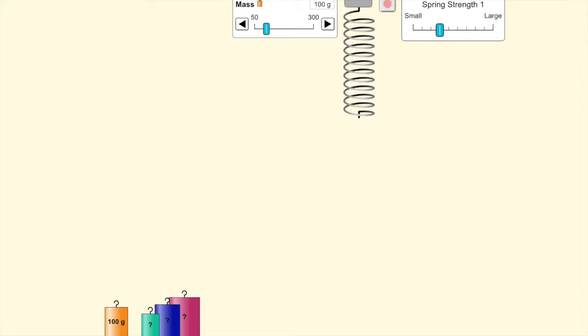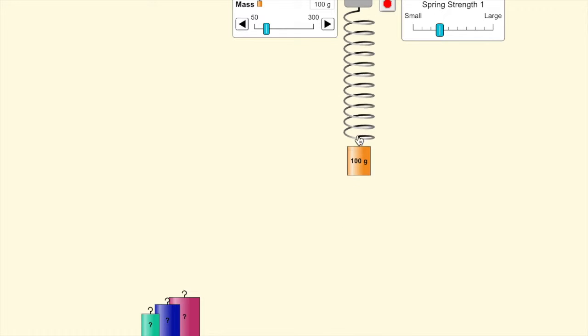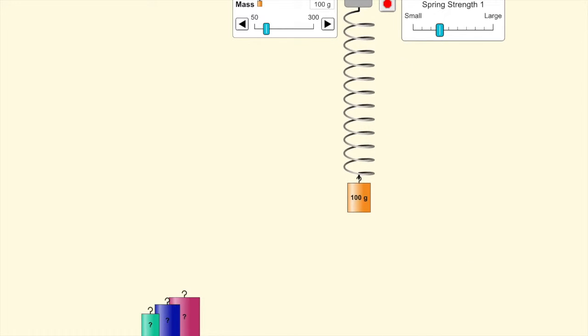So here I have a spring, hanging in this simulation, and I will add a 100-gram weight here. What happens is it bounces up and down. If we put it on slow, we can see it a little bit easier.